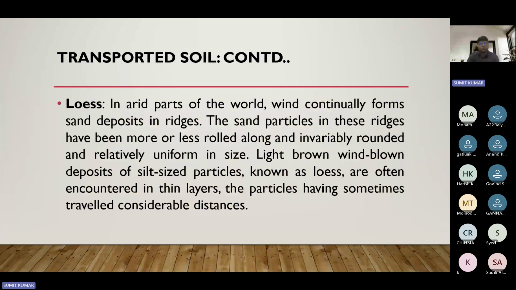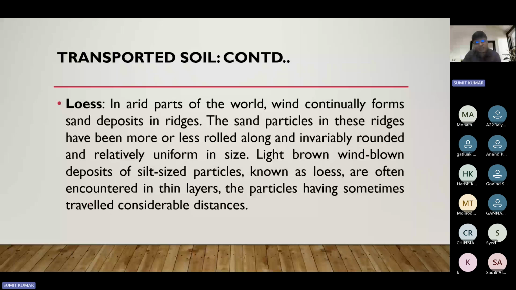Loess is nothing but this: in the arid parts of the world, wind continuously forms sand deposits in a ridge. The sand particles in this ridge have been more or less rolled along and are invariably rounded and relatively uniform in size. Okay, you have seen somewhere or the other, or maybe in movies also, the sand dunes, right?